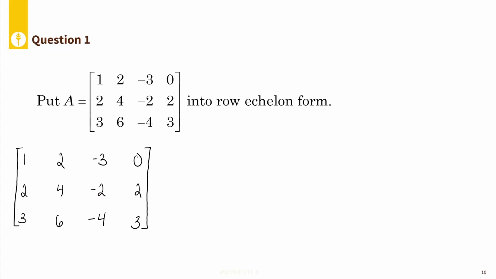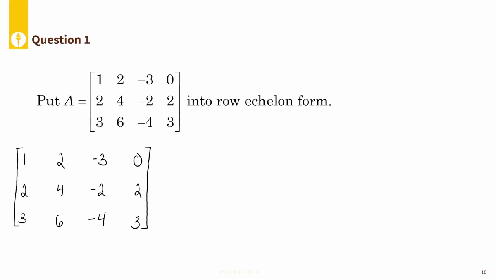If it is not 1, make it 1 by using type 1 row operation. There can be a slight adjustment to that. If you have a 1 in that column, you could also just interchange 2 rows. I'm sorry, type 1 is the interchanging 2 rows.